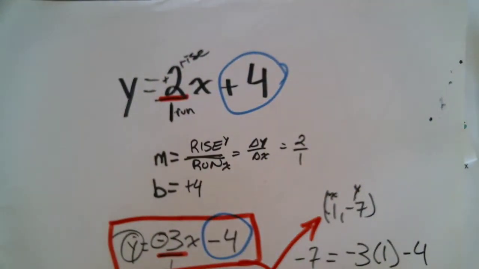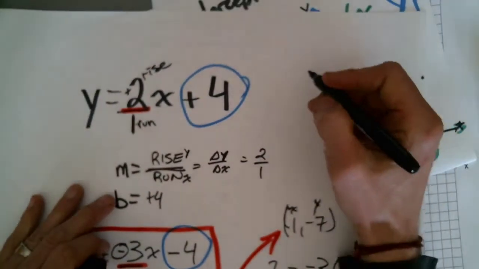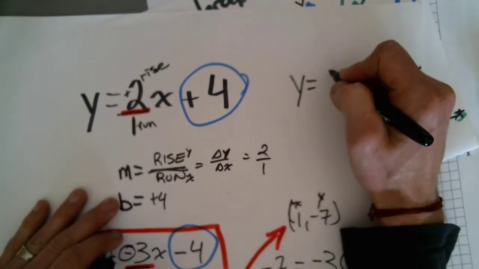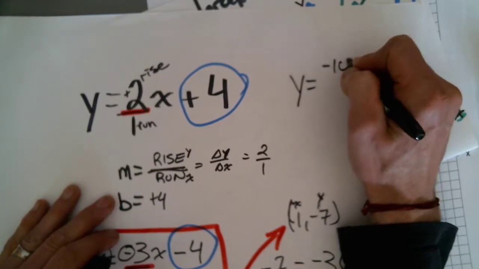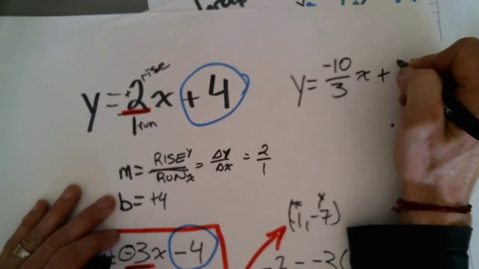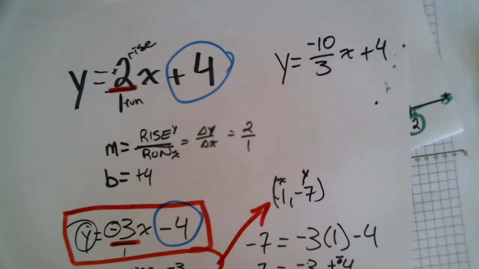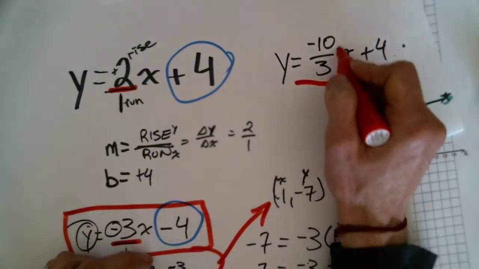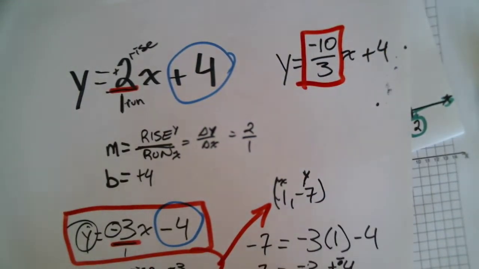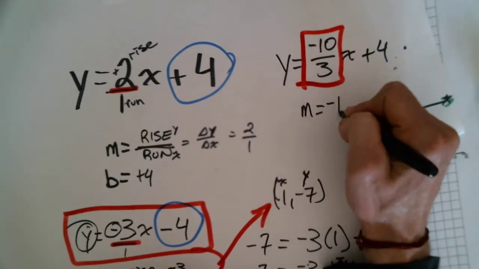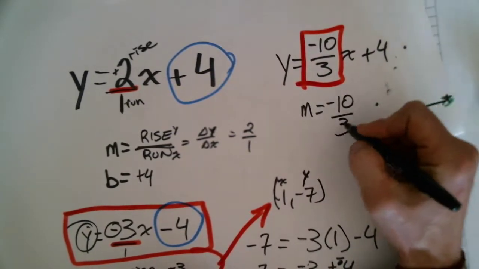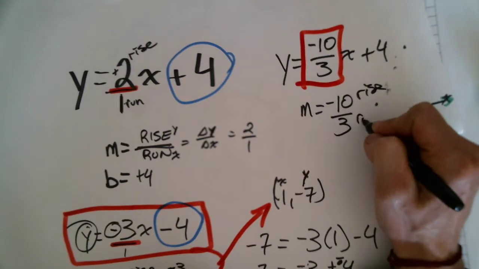Before I exit, what do we got? I got 1 minute until this is going to shut down. Y equals negative 10 over 3x plus 4. Well, this is not a big deal. Because look, that's my coefficient. M equals negative 10 over 3. That's my rise. That's my run.